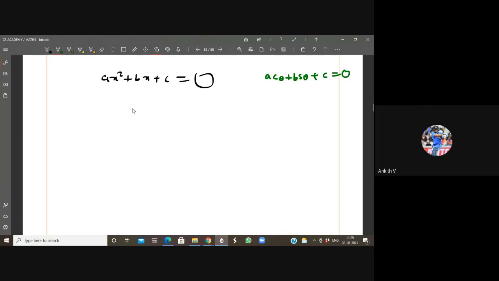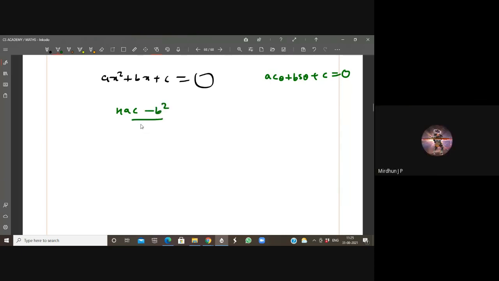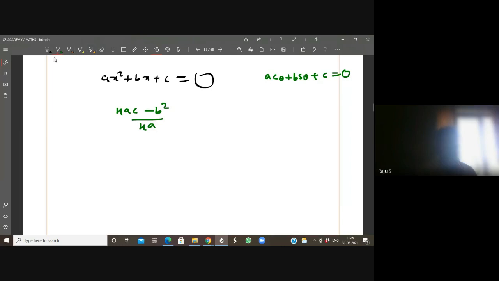Like, what is the minimum or maximum value of x square plus bx plus c? It is 4ac minus b square by 4a. Remember, students, this is the only one formula that will represent the minimum value or maximum value. When a is greater than 0, this formula will give a minimum value.